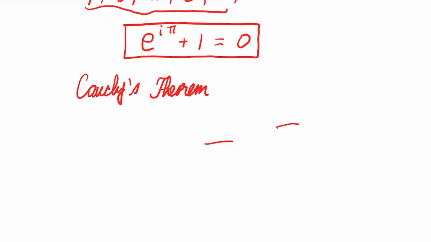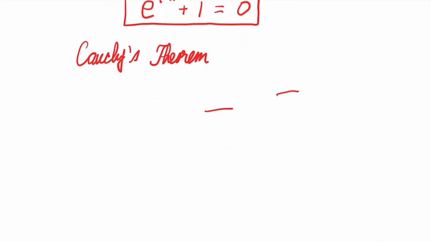Okay. Cauchy's theorem is called the extended version of the mean value theorem. So now we have to review the mean value theorem. Okay, what was the mean value theorem? If g(x) is continuous and differentiable, right?